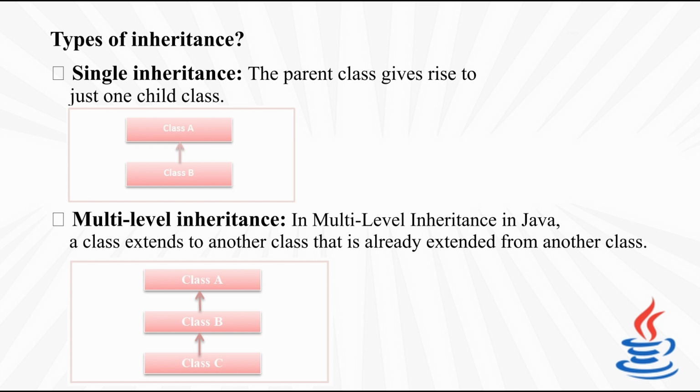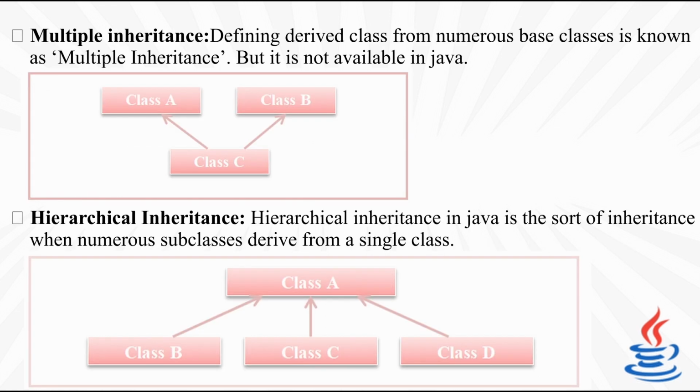There can be different types of inheritance in Java. First one, single inheritance. Here, the parent class gives rise to just one child class. In multi-level inheritance in Java, a class extends another class that is already extended from another class. Next is multiple inheritance. Defining a derived class from numerous base classes is known as multiple inheritance.